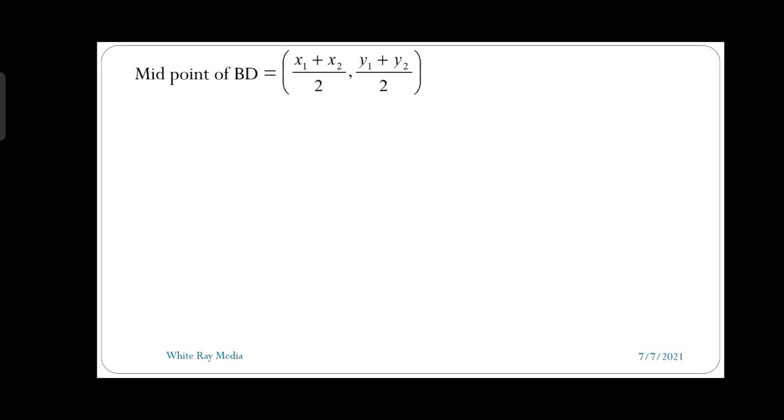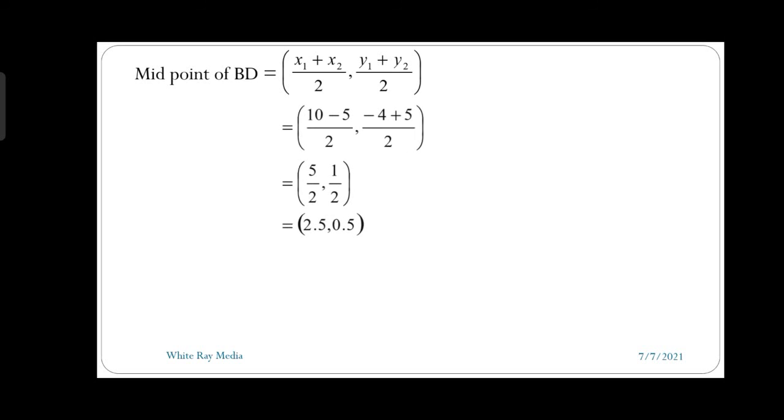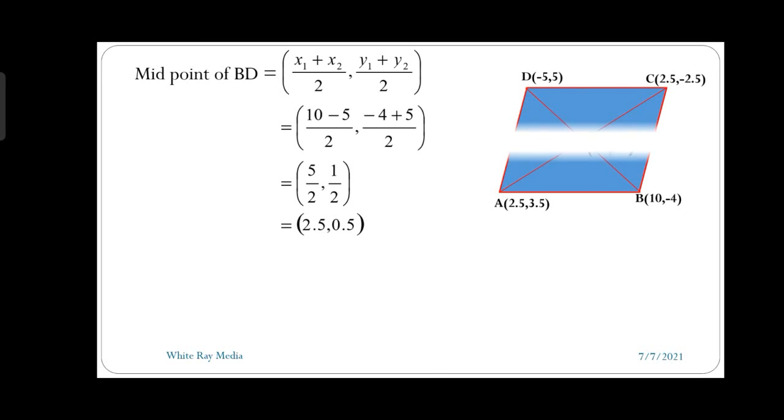Next we are going to find the midpoint of BD. We are applying the x and y values. (10 minus 5) divided by 2, (-4 plus 5) divided by 2. That is equal to (2.5, 0.5). We can see in the illustration picture that the midpoint is the same for the two diagonals AC and BD.